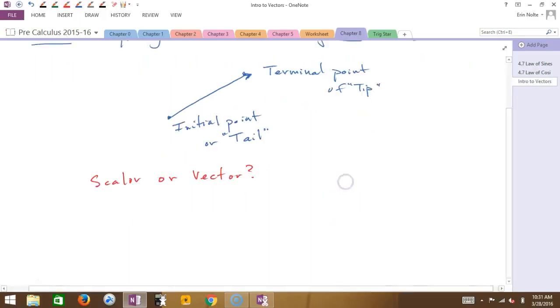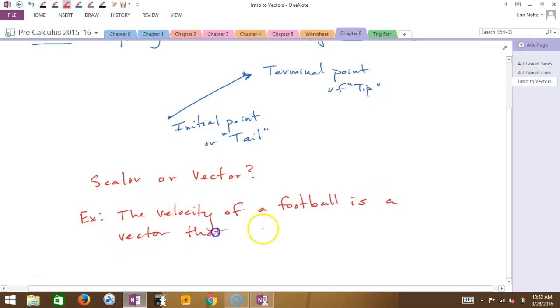Okay, so here is an example of a vector. The velocity of a football is a vector that describes both the speed.